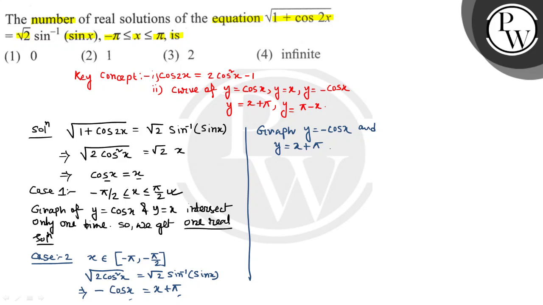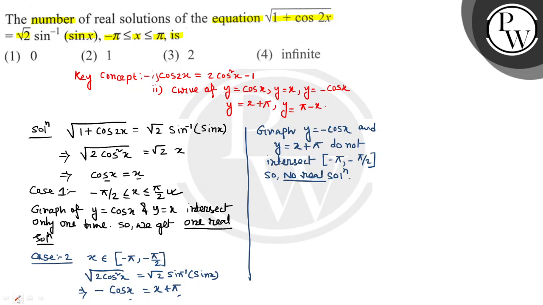These two graphs do not intersect in the interval minus pi to minus pi by 2. If they do not intersect, there will be no real solution. So in this interval there is no real solution.